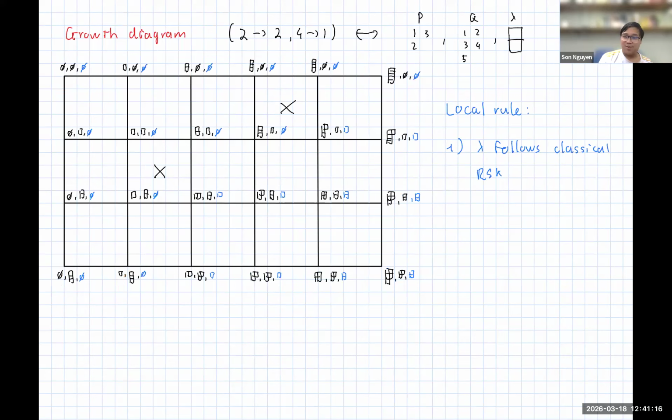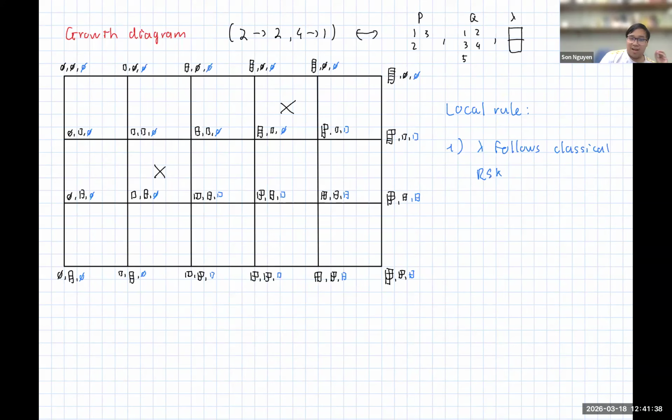And I can tell you the first local rule is my third partition lambda here follows exactly the classical RSK. And this makes sense because to get this partition, I record the part that doesn't have zero image. And if I restrict to that part, I have classical RSK.